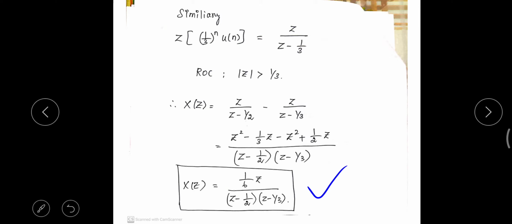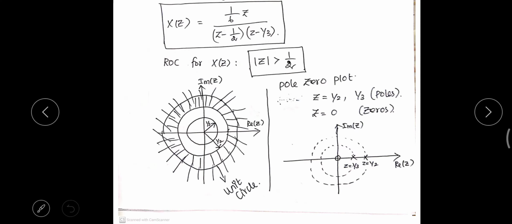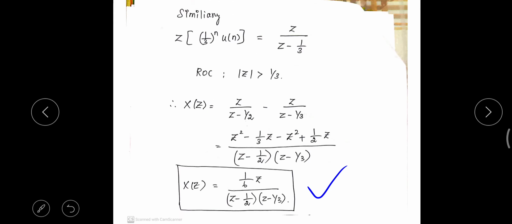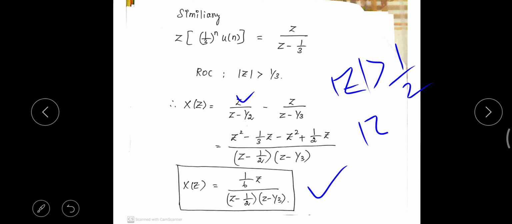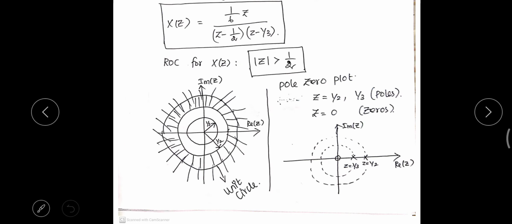Next, I should define my ROC. We all know that for the first portion my ROC is mod of z greater than 1 by 2, and for the second one mod of z is greater than 1 by 3. I have told you about ROC in the previous lectures. So the ROC is a circle, a concentric circle. So I have to draw two circles, with radius 1 by 2 and radius 1 by 3.